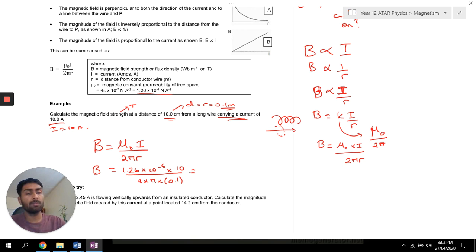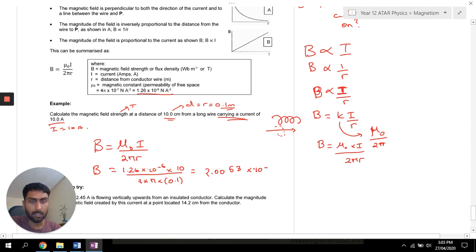And the answer is 2.0053 times 10 to the minus 5 Teslas. This is really messy, sorry. So to three significant figures, that would be 2.00 times 10 to the minus 5.